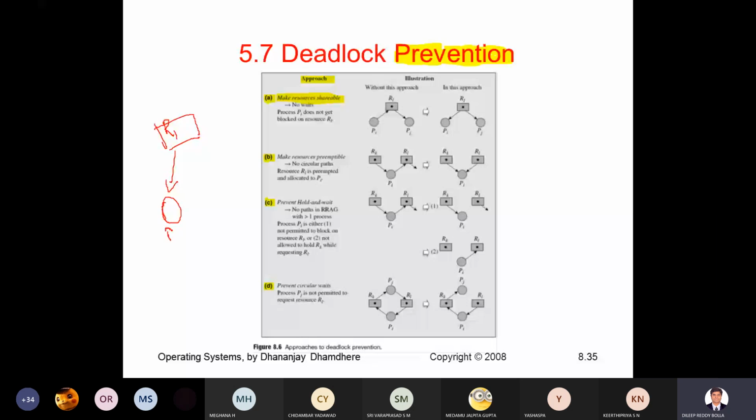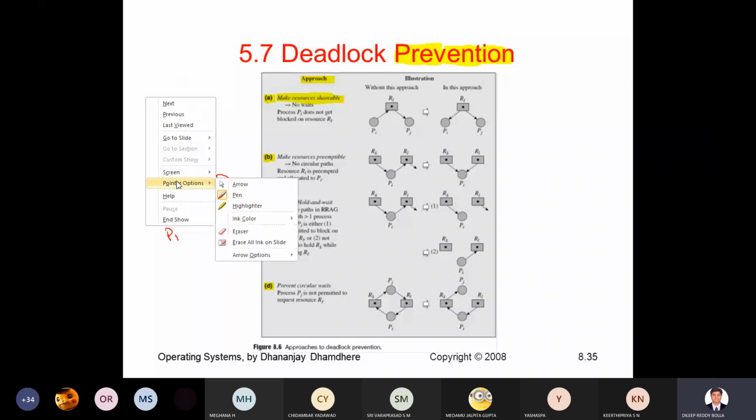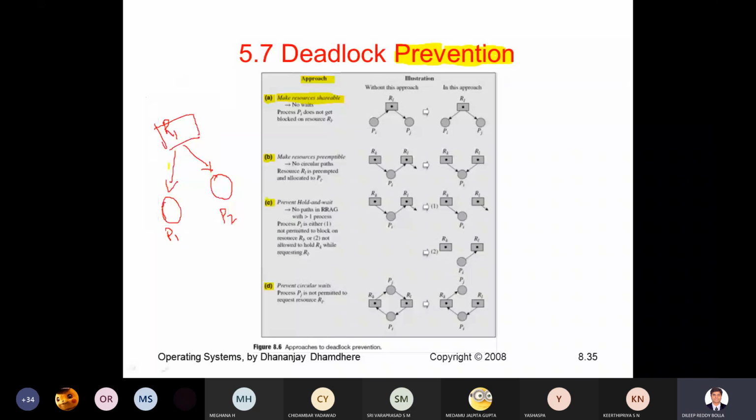Now, along with process P1, we give it to process P2 also, so that the resource R1 is now shared between P1 and P2. Because the resource is shared between P1 as well as P2, we are able to prevent the deadlock.